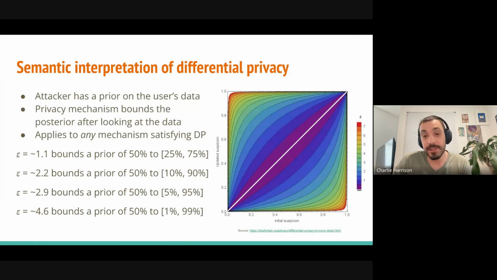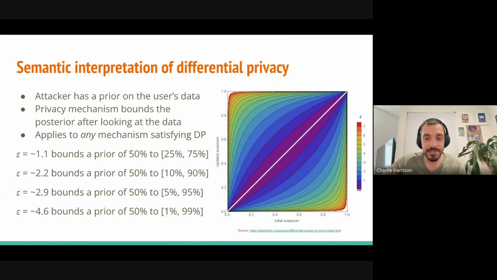And so we can actually look at various values of epsilon and see how they update a certain prior. That's what this graphic is showing us. On the x-axis is your initial suspicion, your prior, and the y-axis is how that prior can get updated after they look at the data.